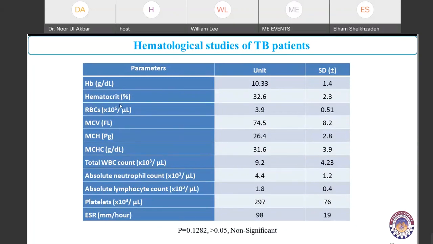These are the hematocrit percentage, 32.6, which is the average of the whole 103 patients, plus minus 2.3. These are the RBC, MCV, MCH, etc. These are the hematological parameters which are presented as average plus minus standard deviation.